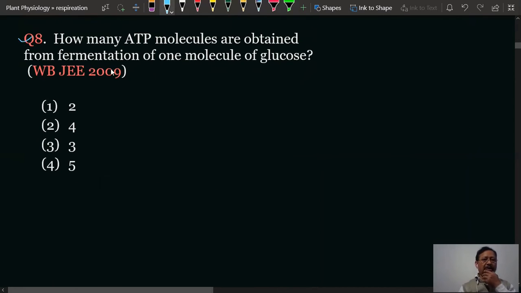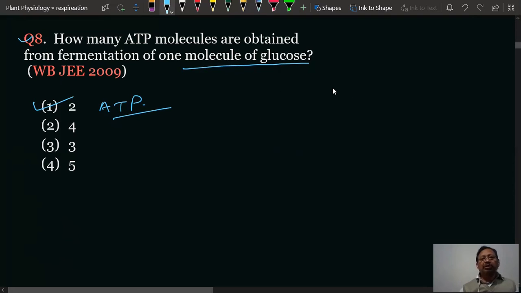Question number 8. How many ATP molecules are obtained from fermentation of one molecule of glucose? From one molecule of glucose, by fermentation, the net gain is 2 molecules of ATP.